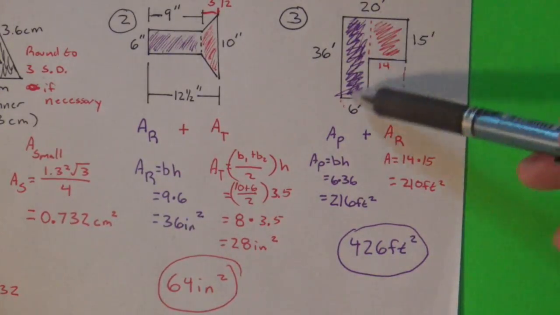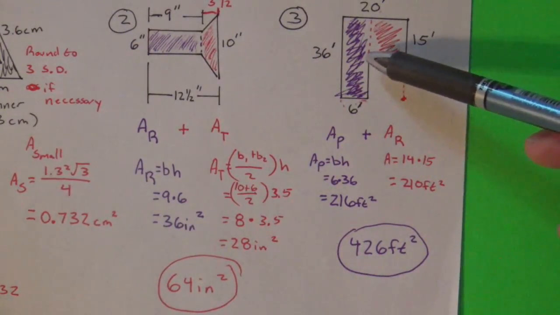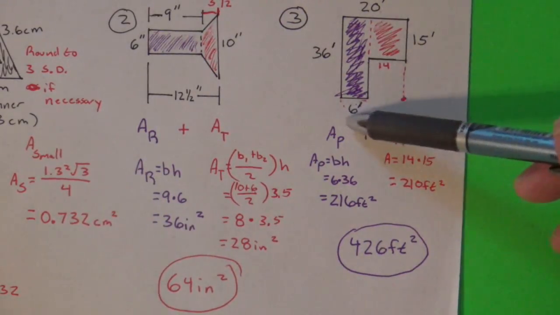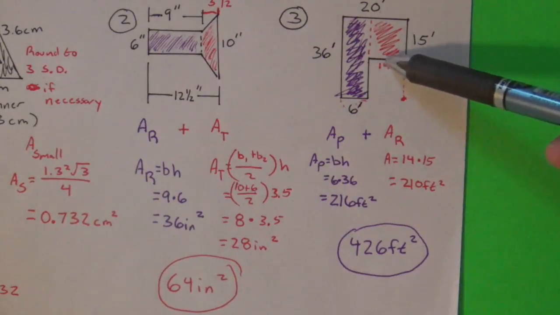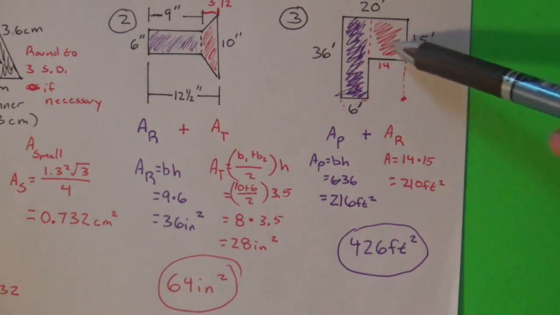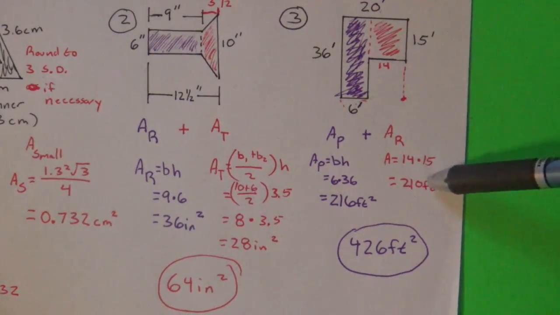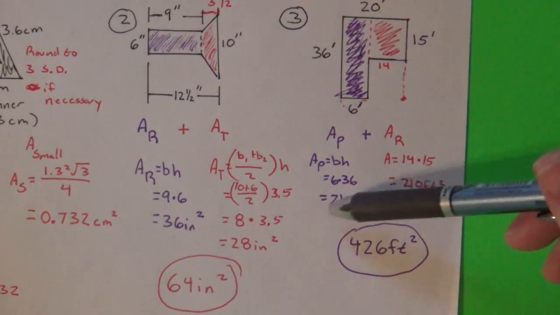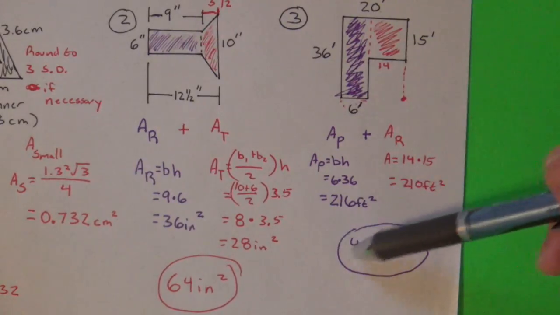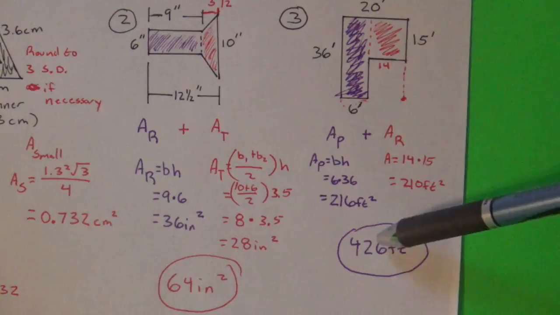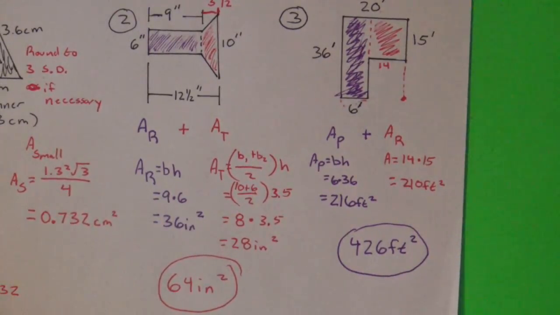If this is all 20 and this is 6, you should be able to figure out what this missing side is by saying 20 minus 6 gives us 14. So we know that this shaded red is going to be a 15 by 14. When we plug that into our calculator, we get 210. So I know the area here, add it together, and I get 426 feet square.